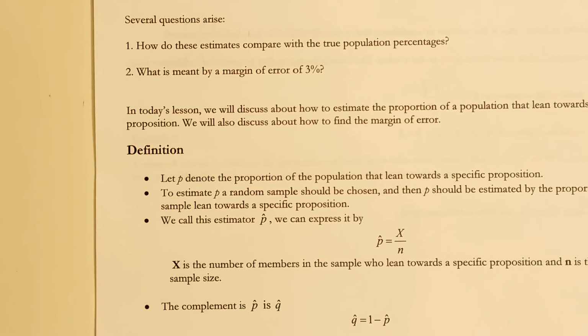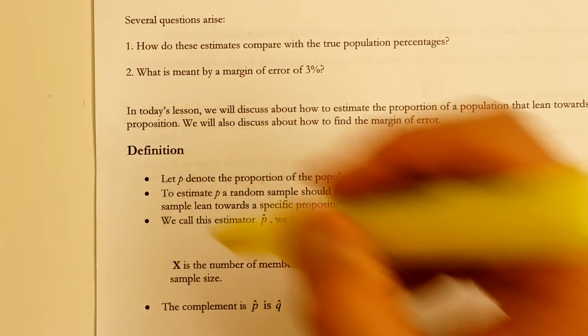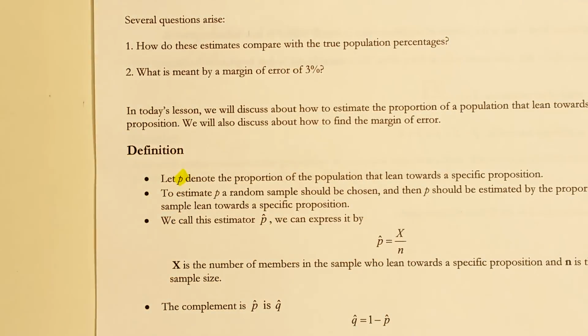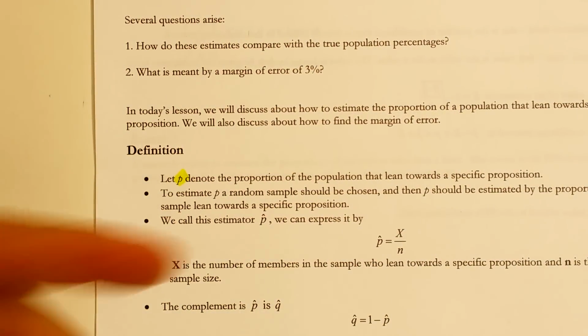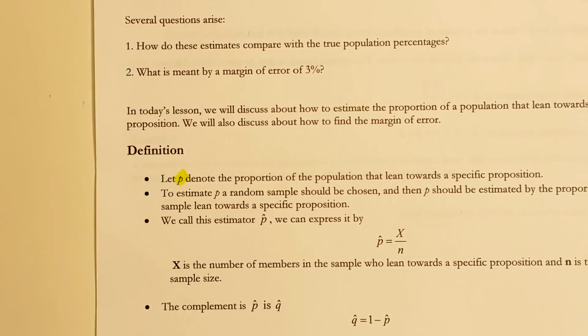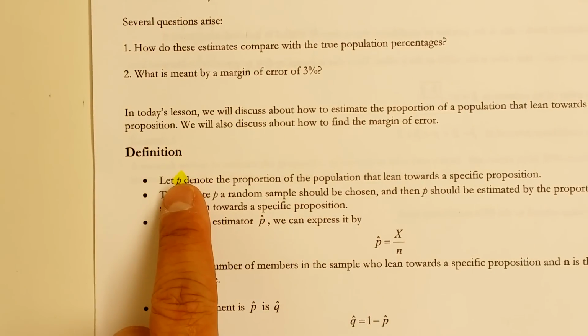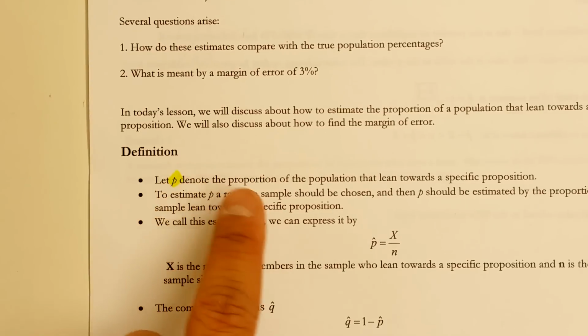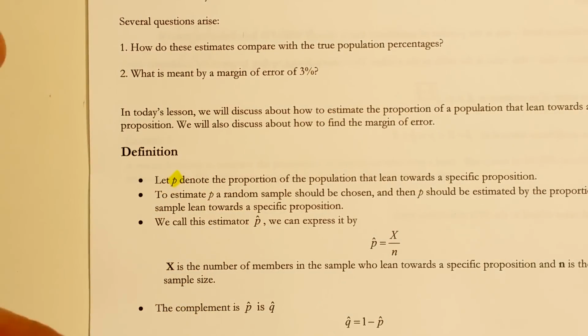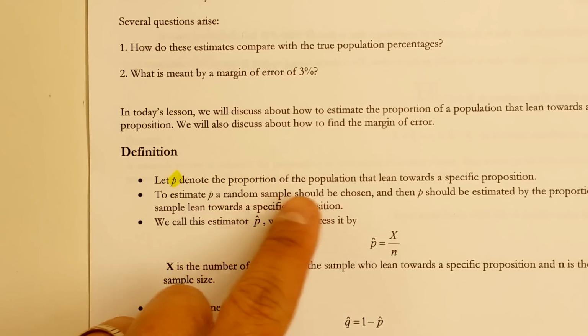Definitions. Before we start, there are a few terms that you will need to know. The letter P stands for the percent, or the proportion, of a population that leans toward a specific proposition. Unfortunately, we will never know the true value of P because that's our population proportion, our population percent.